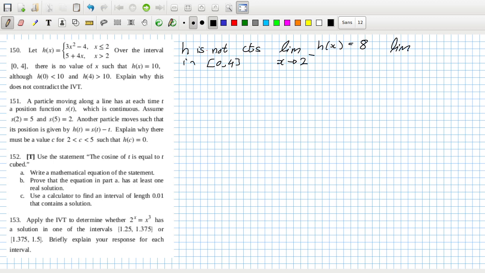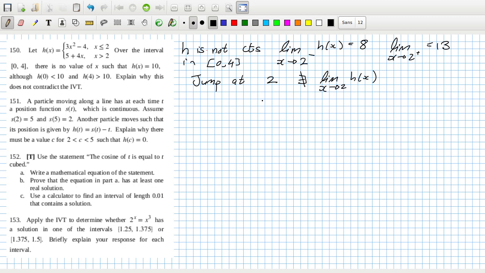And the limit as x tends to 2 from the right equals 13. So there is a jump at 2. In other words, the limit as x tends to 2 of h of x does not exist. And 2 is in 0, 4, so it's not continuous in 0, 4. So that's why it doesn't contradict it.